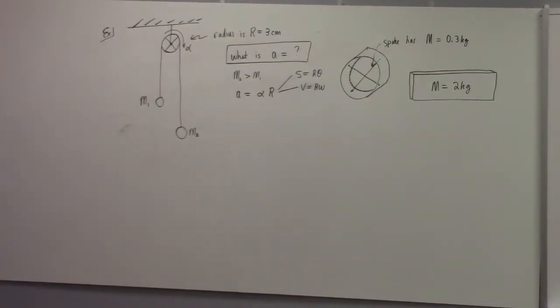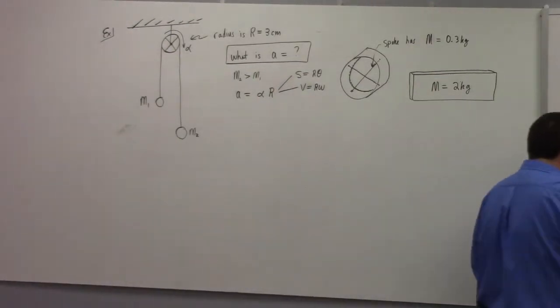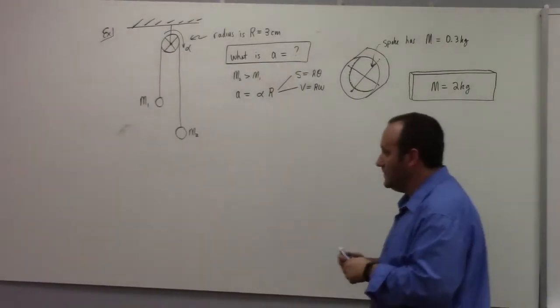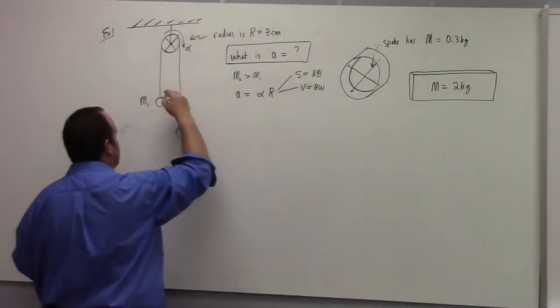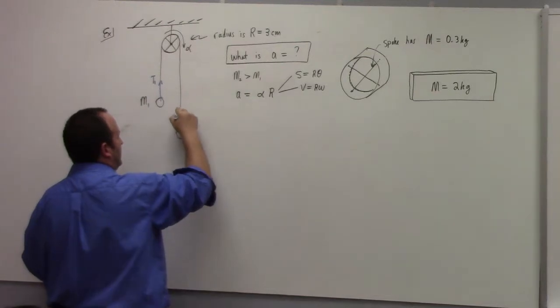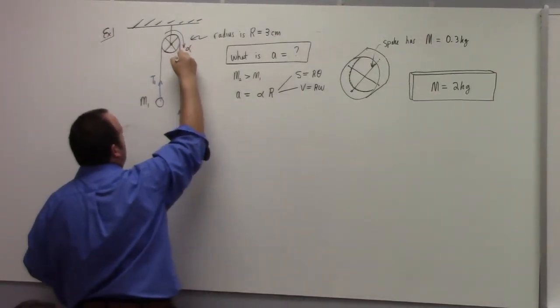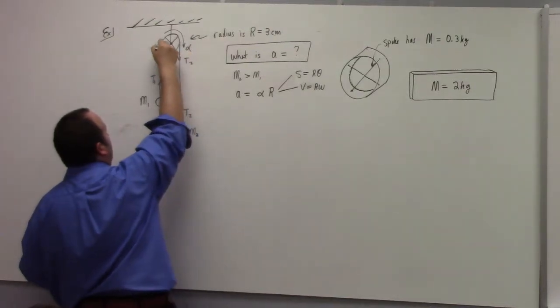There's three things going on. There is the torque on the pulley. There is Newton's second law on mass 1 and mass 2. Let's start out with the easy part, which is Newton's second law. Also, we've got to be careful about the tensions here. So this would be tension 1, and let's say that this is tension 2. You have the same tension here and here.